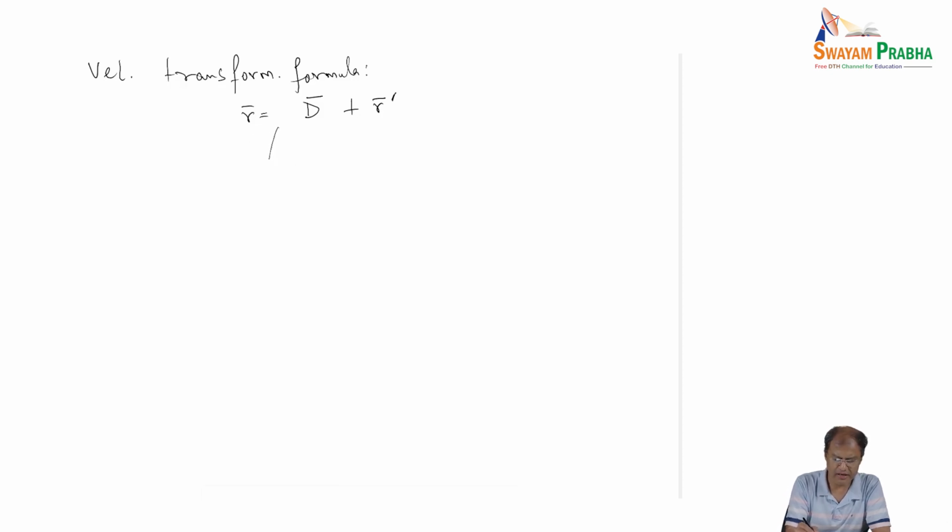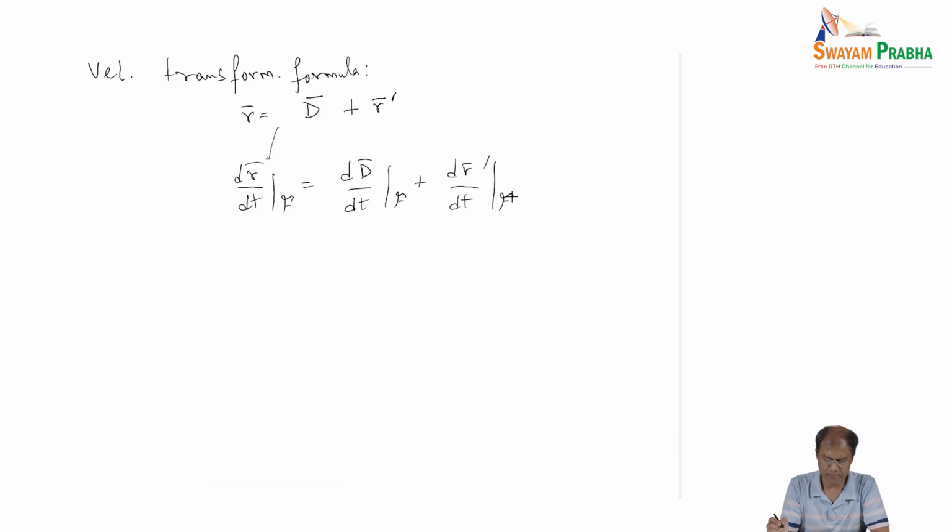Or if we differentiate with respect to time, we have that dr/dt at f is dR/dt at f plus dr prime/dt at f, right? So this quantity is the velocity of the particle in the inertial frame, let me denote it as small v, and this is the velocity of the frame itself, our capital V. This is the same velocity which we had seen in Formula 1, the relation for the true velocity.